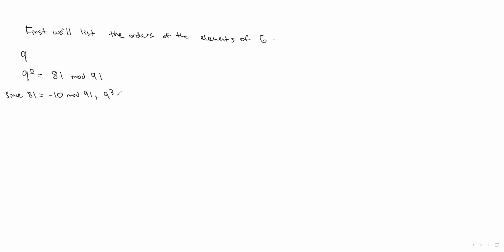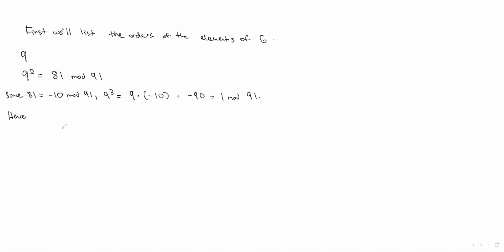Okay, back to this question. So first we'll list the orders of the elements of G. Okay, so 9: 9 squared is equal to 81 mod 91. And then since 81 is negative 10 mod 91, 9 cubed is equal to 9 times negative 10, which is negative 90, which is 1 mod 91. This negative trick is useful only in a situation like mine, where you need to do mental math.